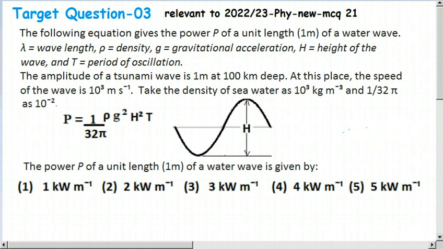So children, since you have paused the video, now I am going to try this question. What is given by this equation? The following equation gives the power of a unit length of 1 meter of this tsunami wave.